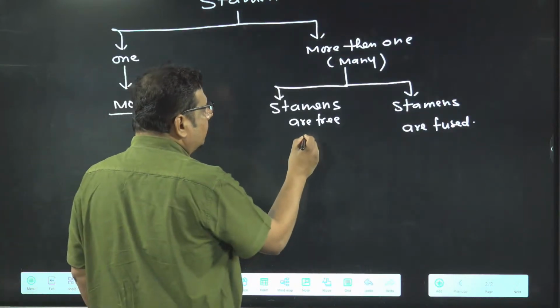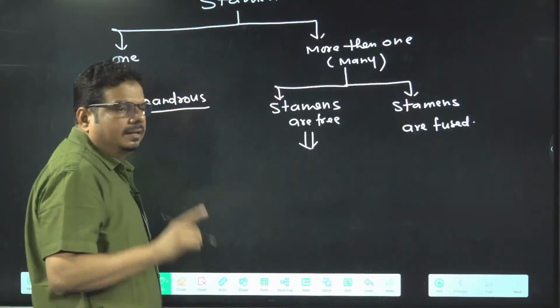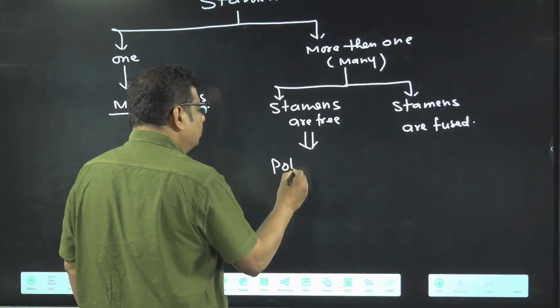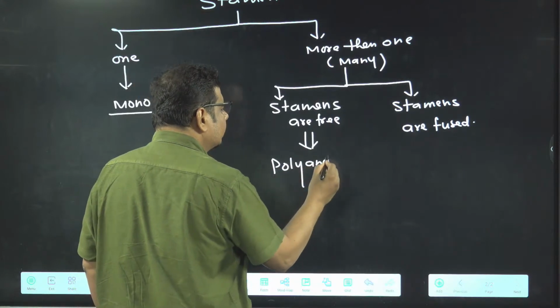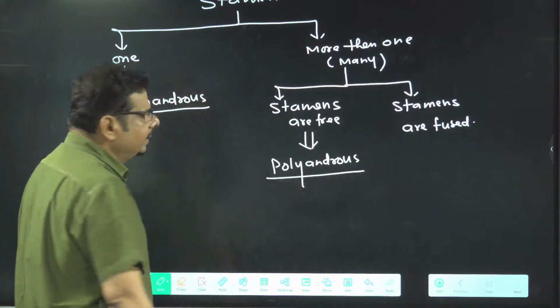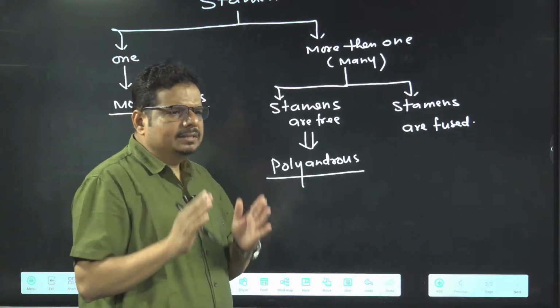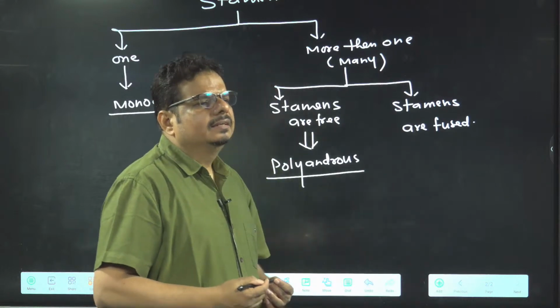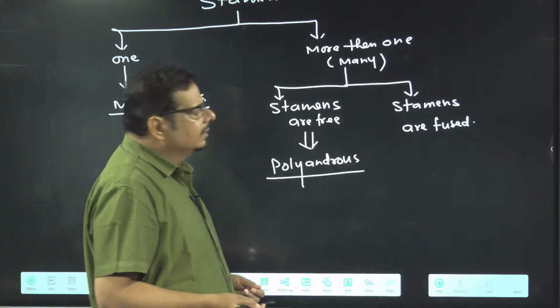If stamens are free, we use the term polyandrous. So a single stamen is monoandrous, and if there are more than 1 stamen and they are free, it is called polyandrous.